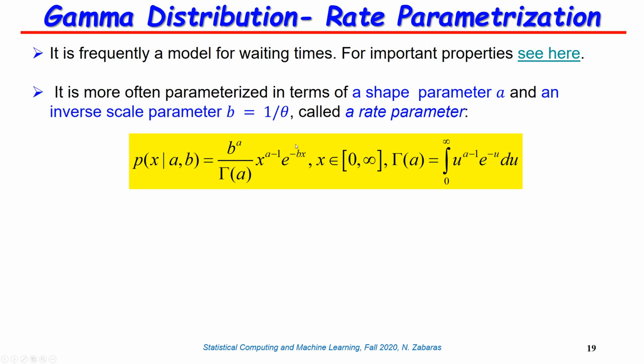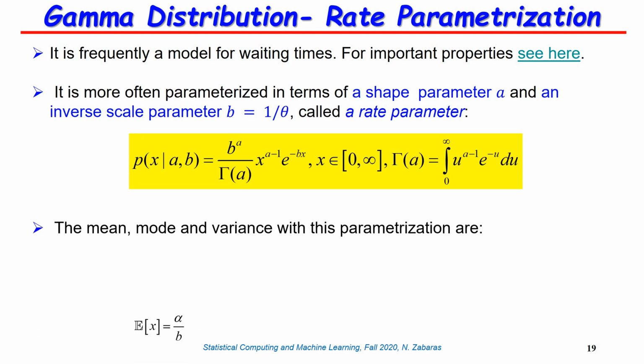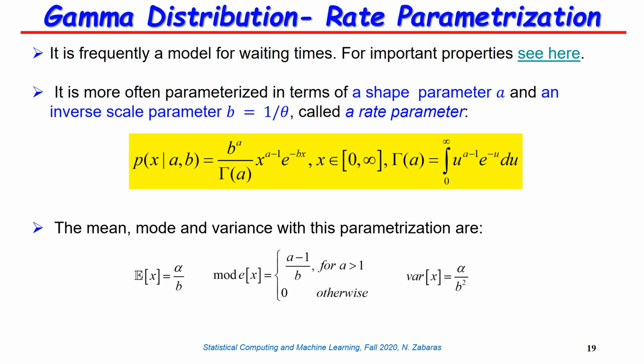Okay? You can see if you put beta as 1 over theta, you have minus x divided by theta, so theta is a scale parameter, but when you look at beta alone, you call it a rate parameter. All right, so let me give you some values for the mean, the variance, and the mode of this distribution.